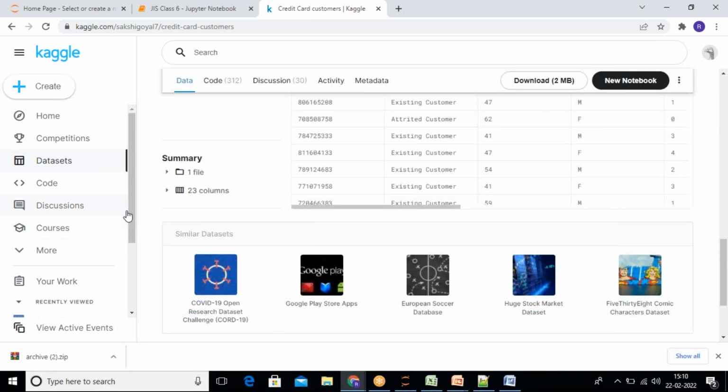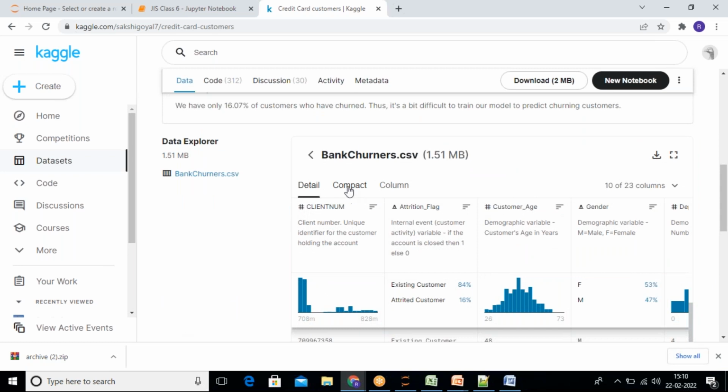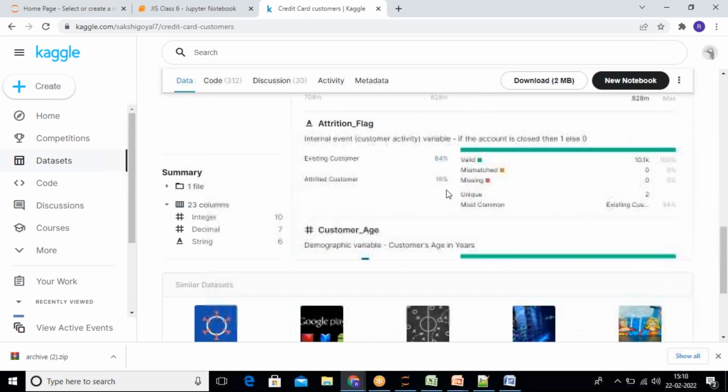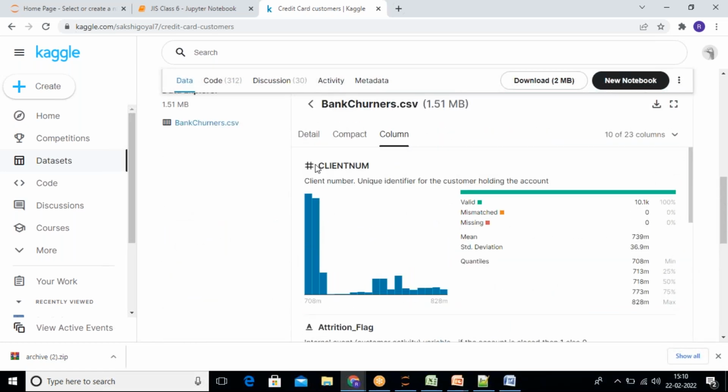What are the columns? See, this data set has got 23 columns. 10 integer, 7 decimal, and 6 string. So what are the columns? The first column is the client num. What is client num? Client num means client number, unique identifier of the customer holding the account.